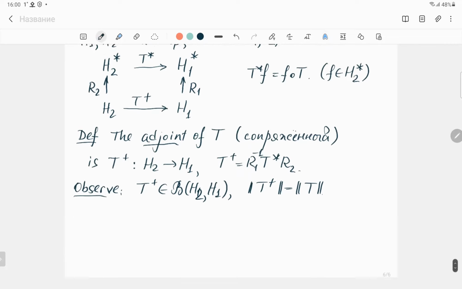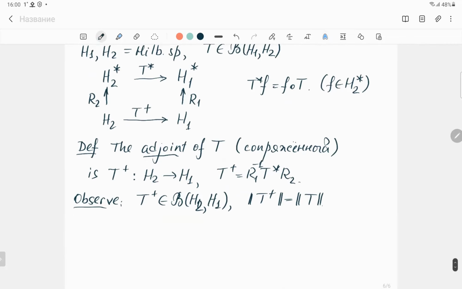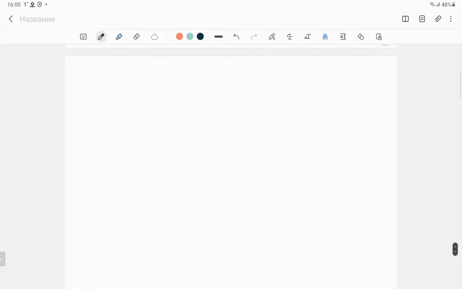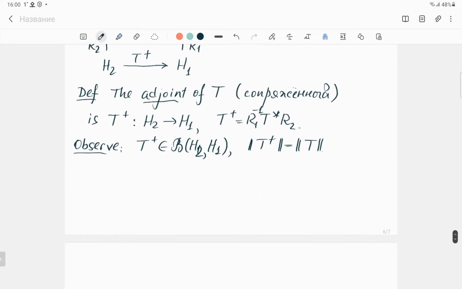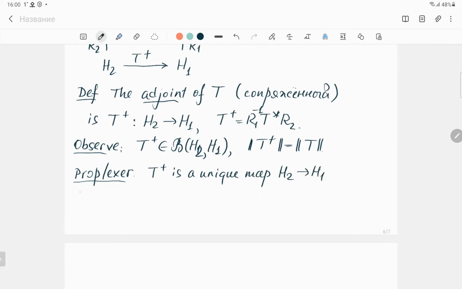It's also possible to characterize the adjoint operator without using the duals. This is a simple proposition, or rather an exercise for you. T plus is the unique map from H2 to H1 satisfying the following equivalent conditions.